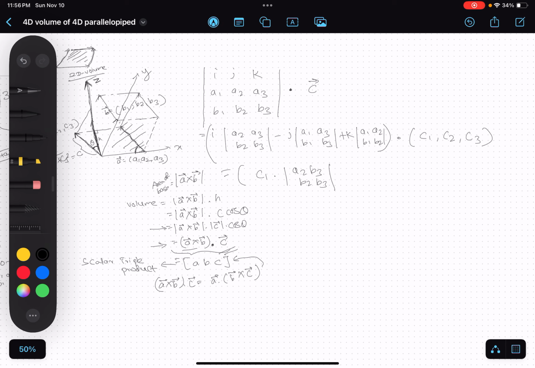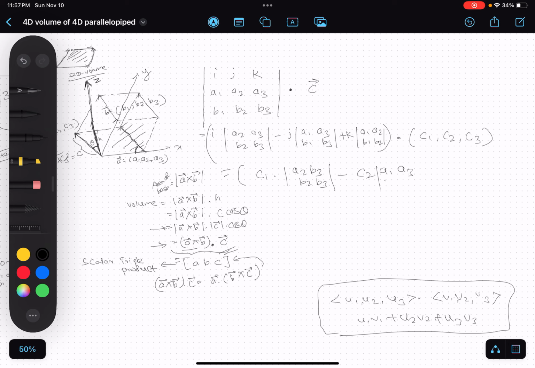There, dot product, right? If I have, let's say, u1 u2 u3 dotting with b1 b2 b3, what happens is just u1 b1 plus u2 b2 plus u3 b3, right? So we are just doing that. This is the dot product. And then minus c2 times determinant of a1 a3 b1 b3 plus c3 times determinant of a1 a2 b1 b2, right?